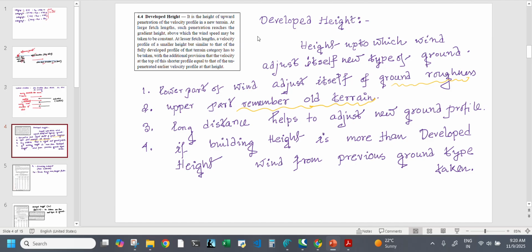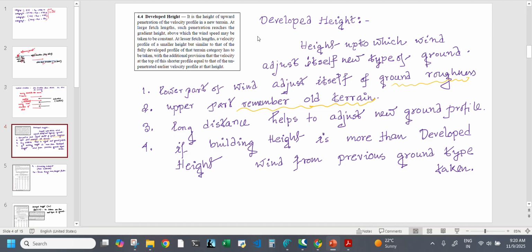The change from terrain category 1 to terrain category 4 also affects the wind direction and wind type due to frictional effect, due to obstacle effect.